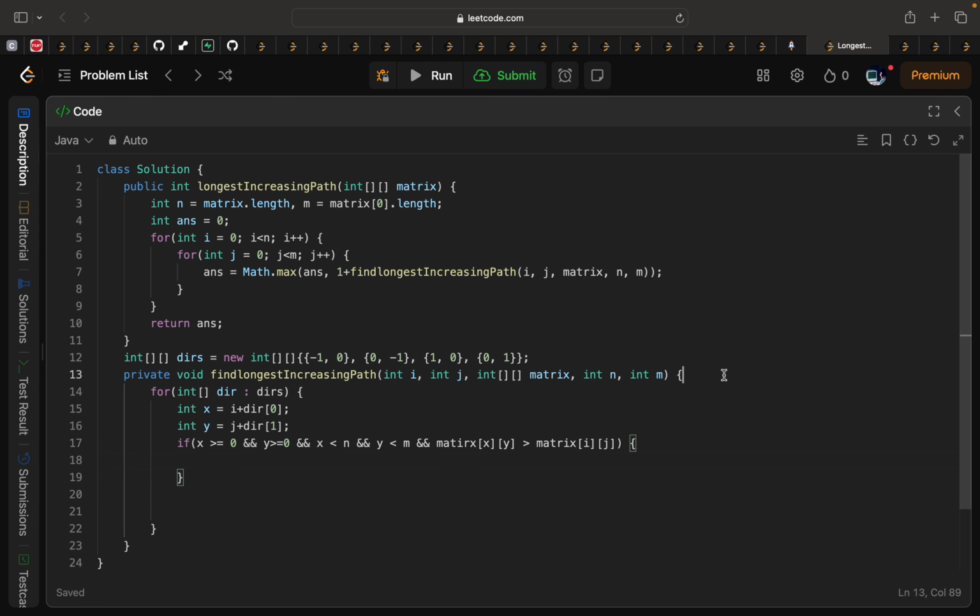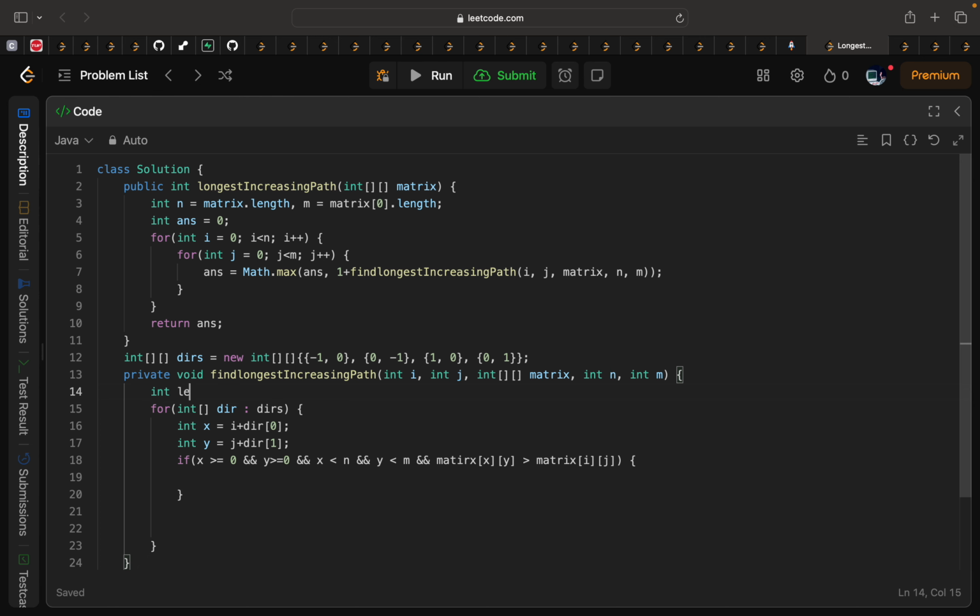Let's define length as 0 initially. So what we will do, we will take length as the maximum of current length and 1 plus the longest increasing path function, and we will pass the new cell, the adjacent cell x and y, and the matrix and the parameters n and m.